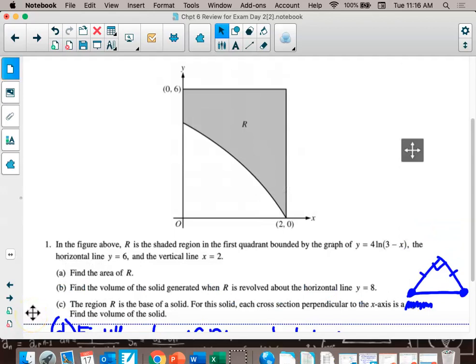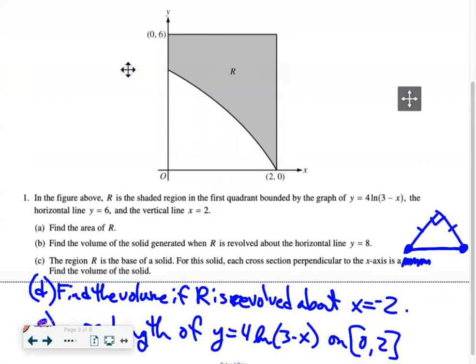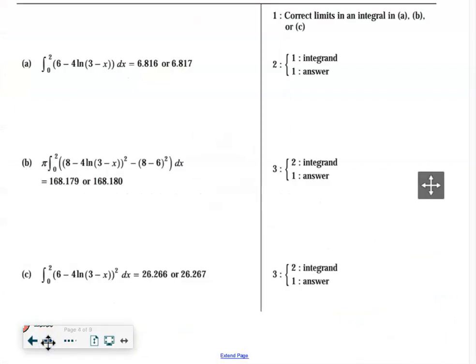So part A, area of R. It's just the integral of top minus bottom. Let me make this big. Okay, so part A, 6.816 or 6.817. Good, good. So this group in the back, why are you missing the point for part A? Missing a dx. Don't lose a point for missing a dx tomorrow.